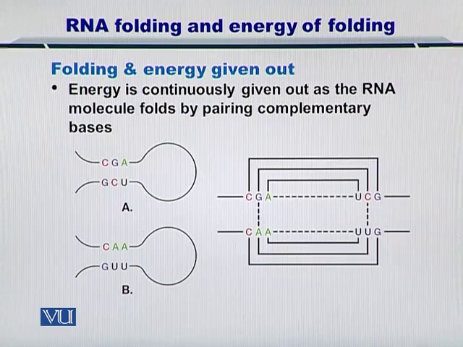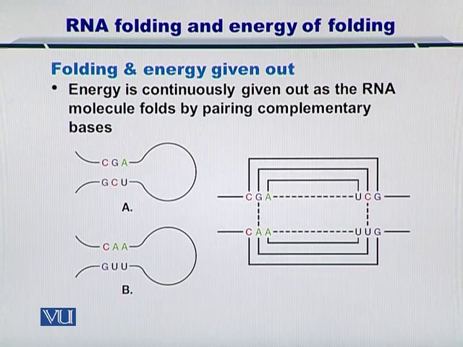As you can see here, C is paired with G, and after that, G is paired with a C, and following that, A is paired with a U. So it's like two people holding the different ends of the RNA molecule coming together, leading to the formation of a secondary structure.